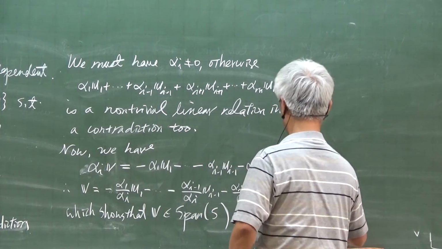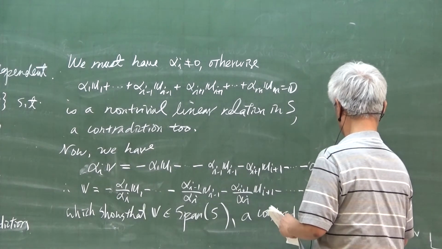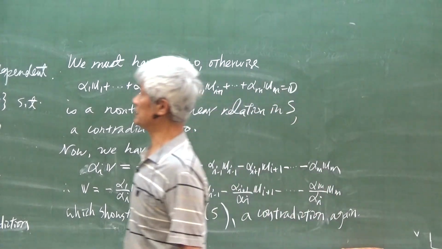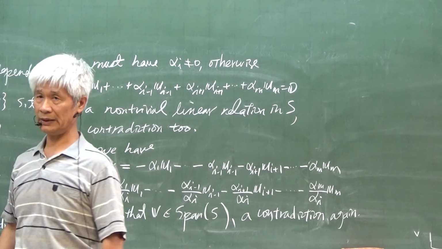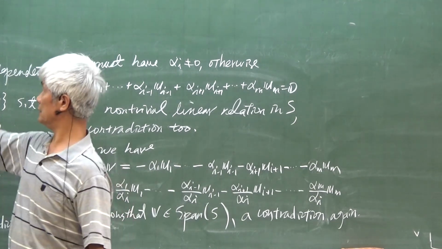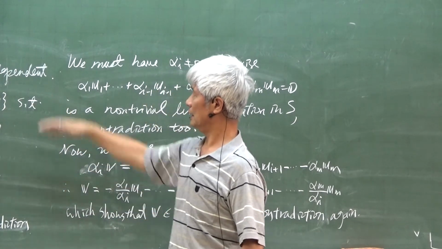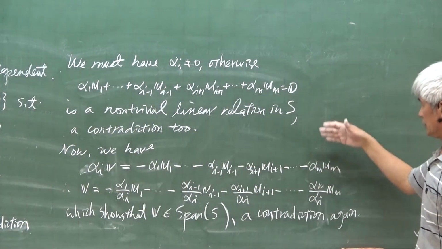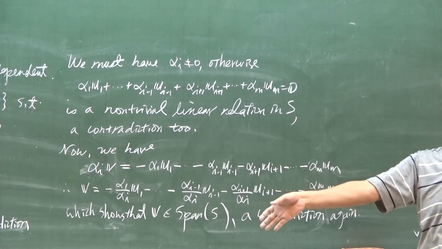So now we encounter a contradiction again, and we know where to go. Because we supposed this set is linearly dependent, once we give that assumption, we go over all possible cases and eventually encounter a contradiction.